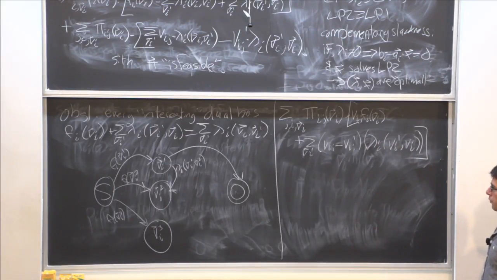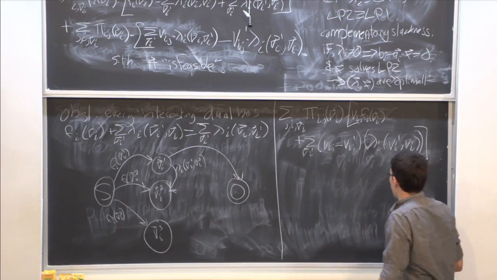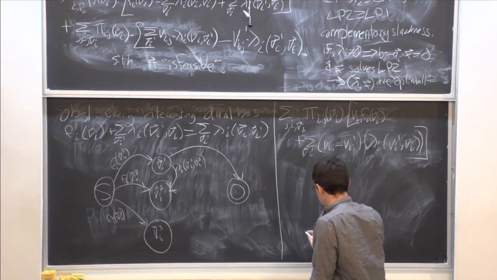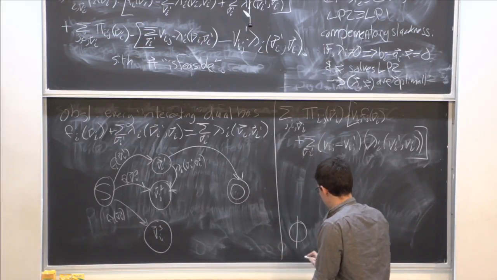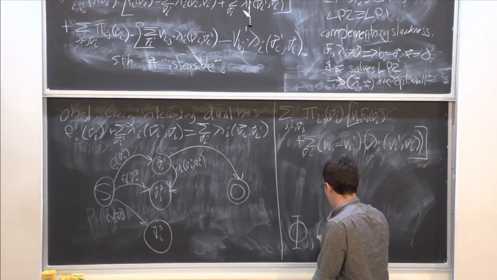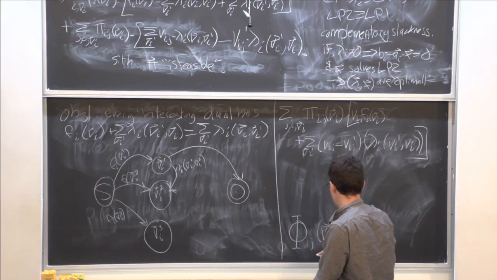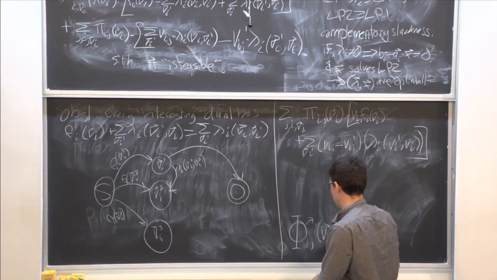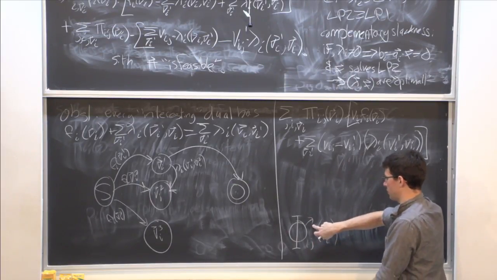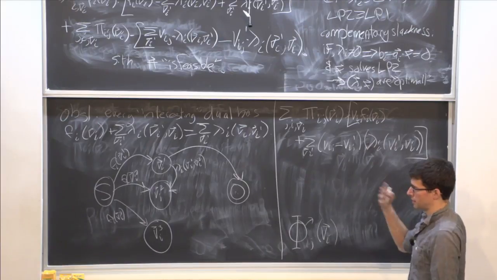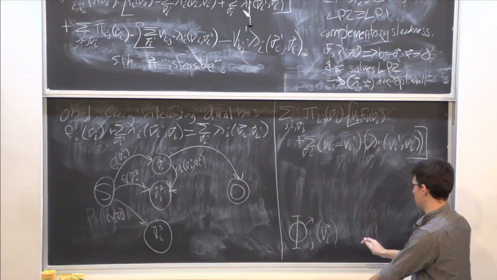Okay, now I want to do one last rewriting, and then I'll claim that I've rewritten it in an interesting way. I want to define, say, big phi ij of vi. I might forget to write the superscript, but it depends on the dual solutions.